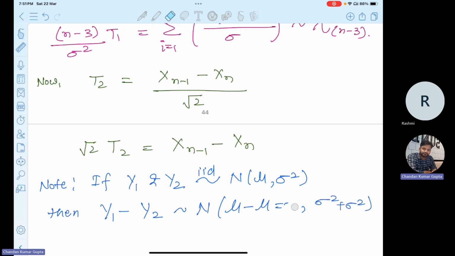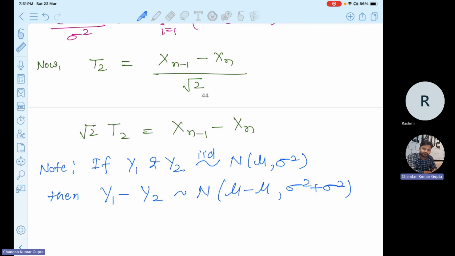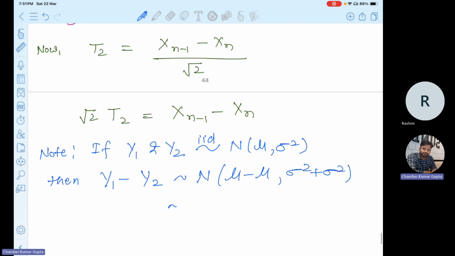The variance always adds, it doesn't matter whether it is minus or plus. So this is normal with 0 and 2 sigma square.